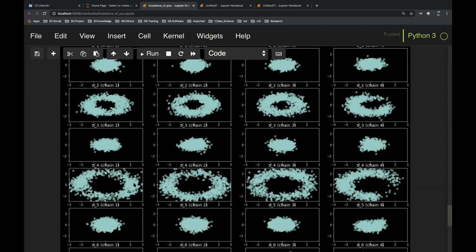In this session, I just wanted to explain the properties of the orthogonal matrix and how it affects probabilistic principal component analysis.